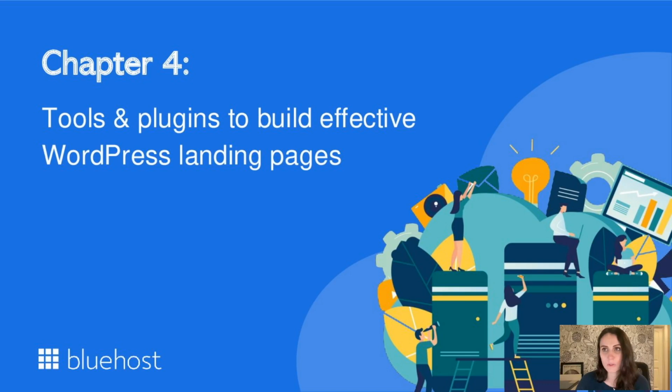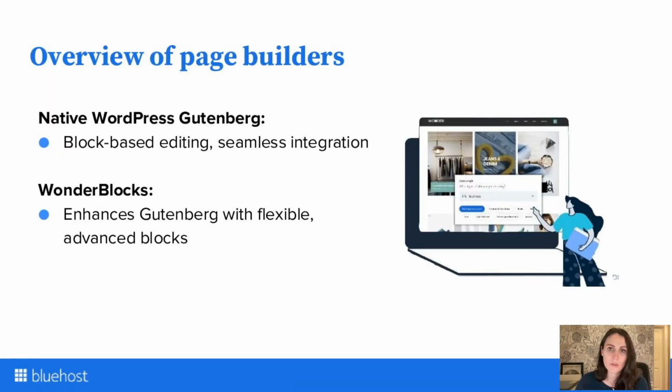And then next, we will dive into the tools and plugins that you can use to build a WordPress landing page. So the foundation of building your landing page, the native WordPress Gutenberg, is super easy. It's a block-based system, really lightweight and really fast. And all of the elements that you need to build your landing page have been built into the core block builder in Gutenberg.